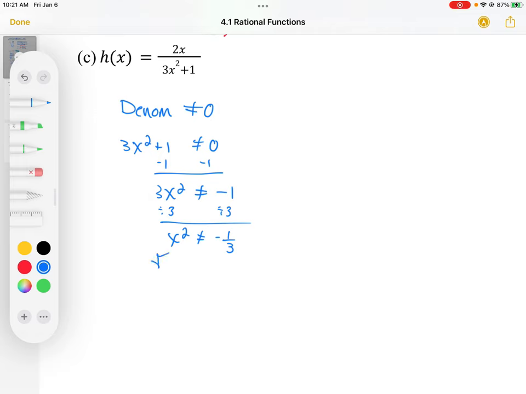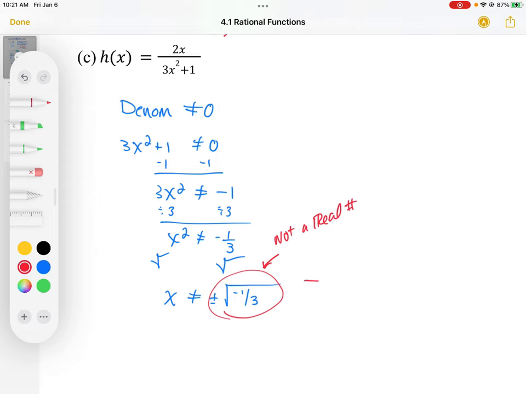And then I'm going to take the square root of both sides. So x cannot equal positive or negative square root of negative 1/3. So this, we're taking the square root of a negative number here. This is not a real number. Not a real number, which means that there's no real number exclusions.